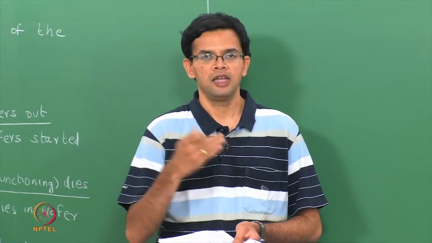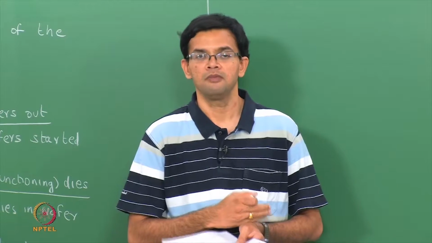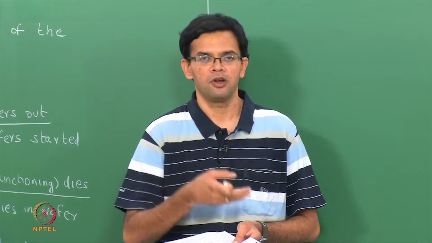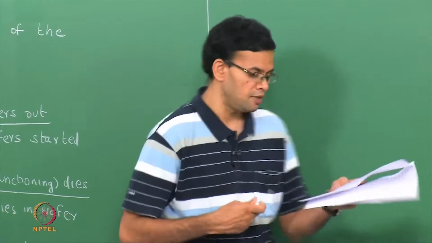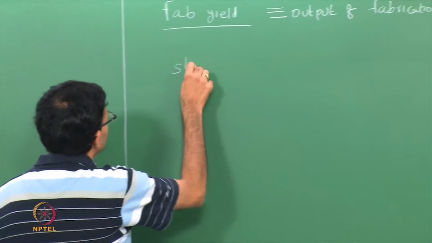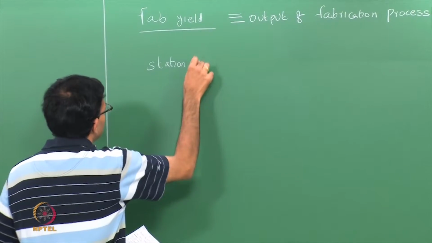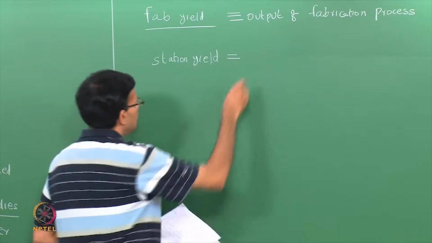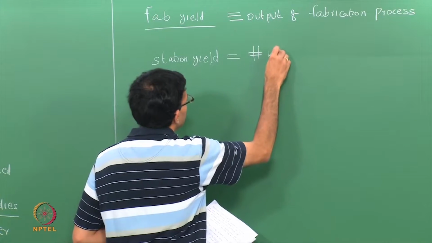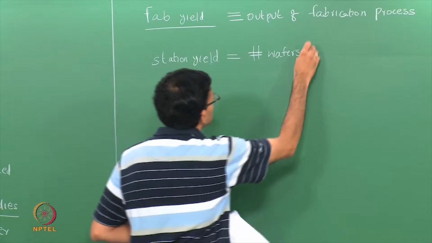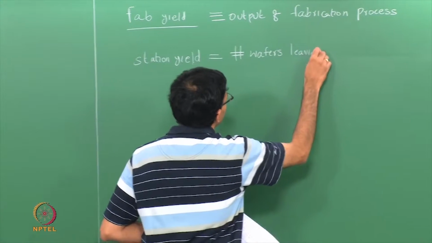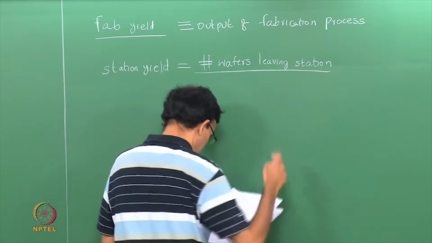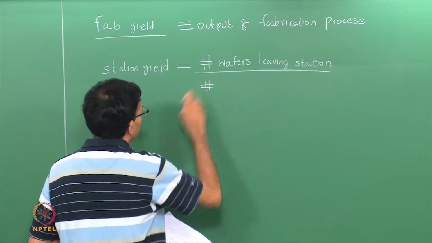So, we can call each and every step of the IC manufacturing process as a station, and for each station or each step of the process we can define a station yield. So, the station yield again is nothing but the number of wafers leaving the station divided by the number of wafers that are entering the station.